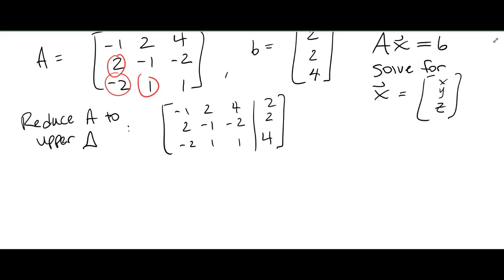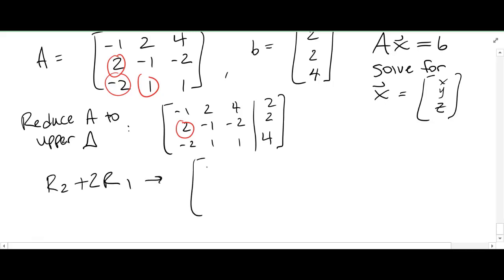So we want to do row 2 plus 2 row 1. So that would go to 0. Negative 1 plus 4 would give you a 3 here. Negative 2 plus 8 would give you a 6. And 2 plus 4 gives you 6.